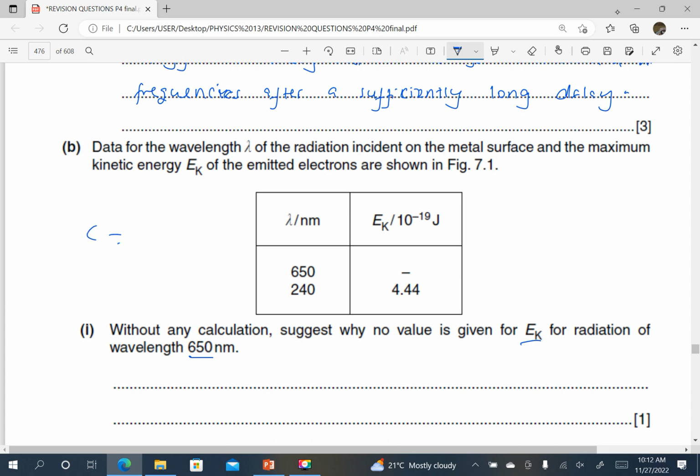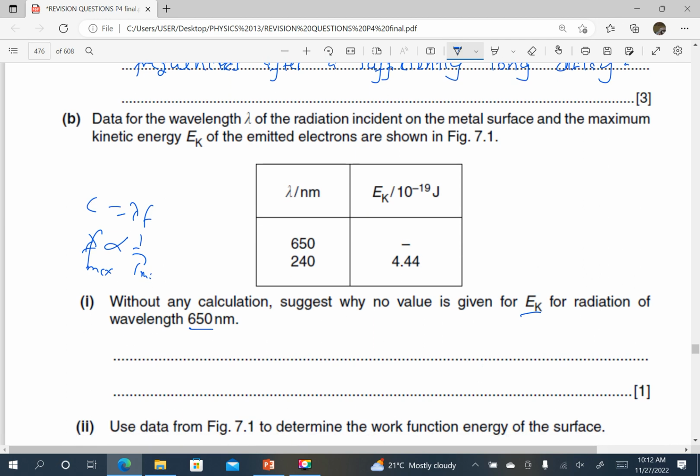Remember, c is equal to lambda times f, meaning that f is inversely proportional to lambda. When f is maximum, lambda must be minimum. So it seems like there is a maximum wavelength, which we are going to call the threshold wavelength, above which no photoelectric emission occurs.